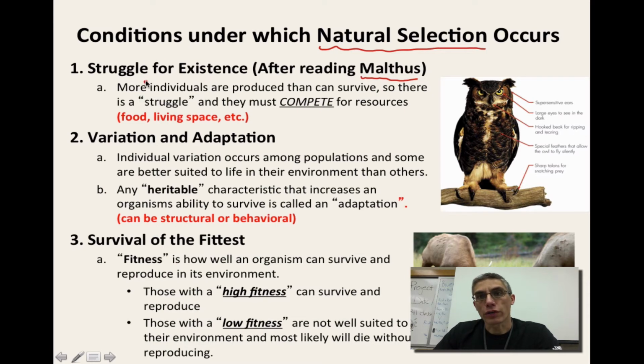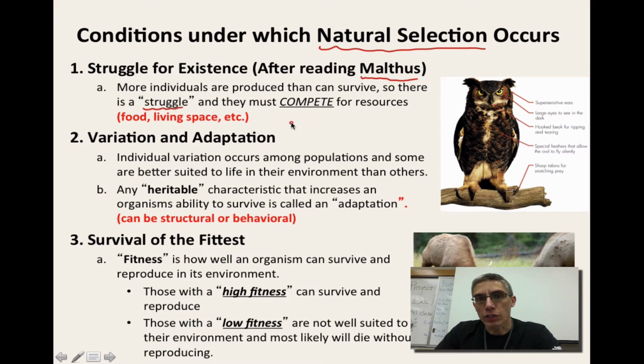So for natural selection to occur, more individuals are going to be produced than can actually survive. When any animal reproduces, the number of offspring needs to be quite a bit, because there needs to be some sort of struggle between those offspring.